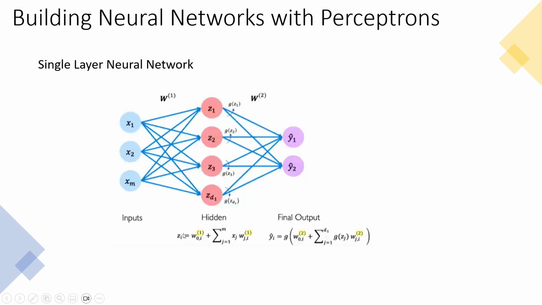For generalization, let's say Zi is going to be W0i, which is the bias of this neuron, plus the summation of weights times the inputs. This formula gives, for any of these Z neurons, what the output is going to be.